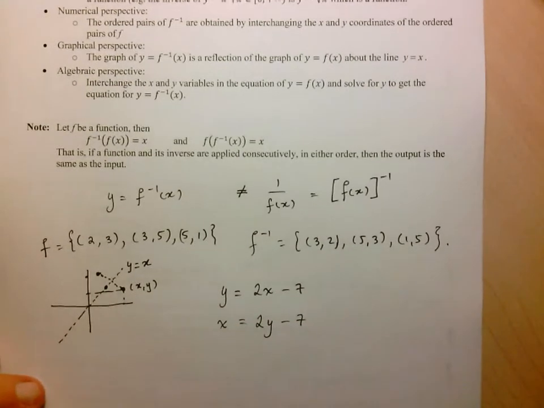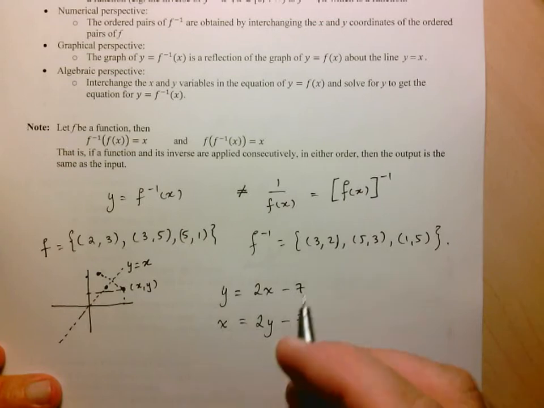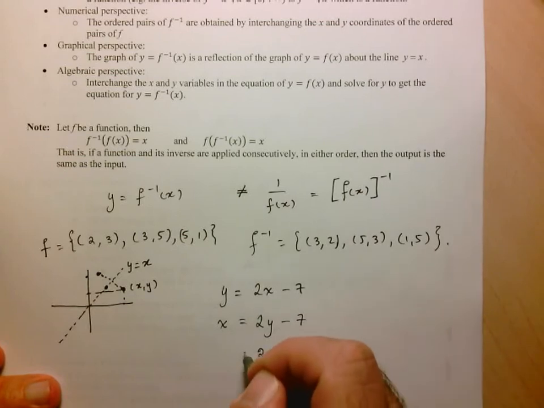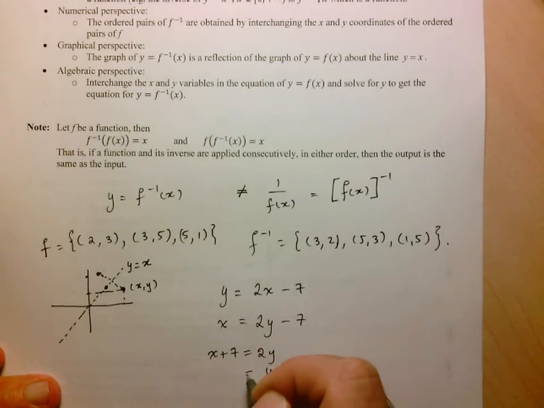Of course, we don't normally give functions in terms of x as a function of y. So if I wanted it the other way around, I would just have to solve for the y value. So here, x plus 7 over 2.